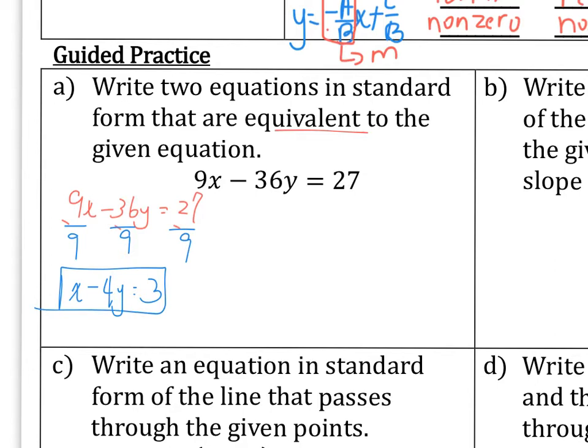Another way would be just to multiply all the coefficients by any real number, such as 2, to make it simple.